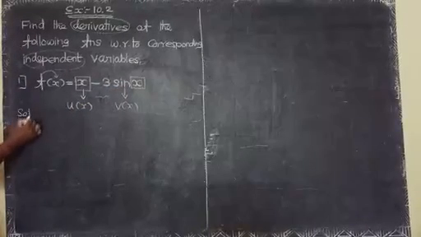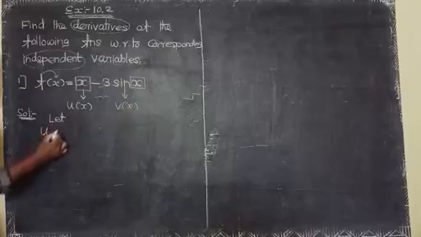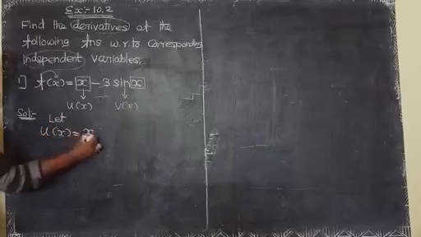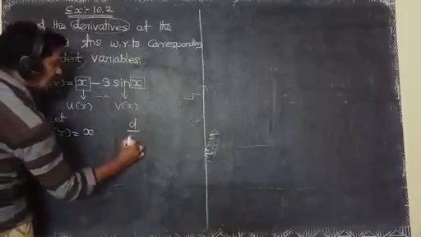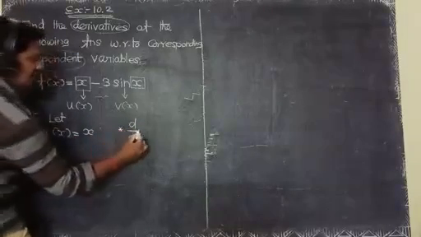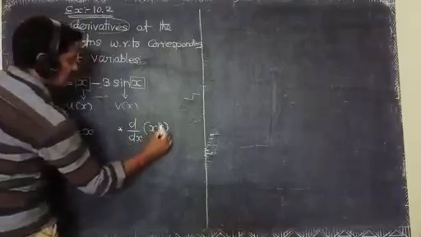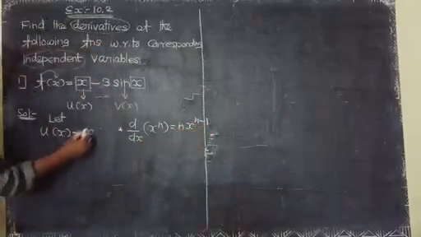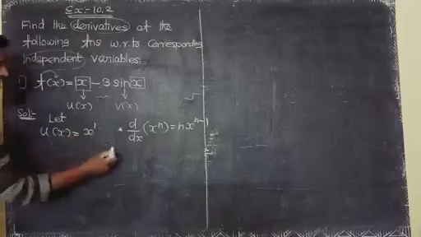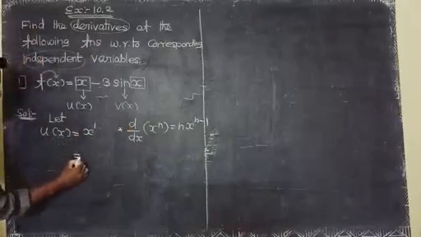Solution: let u of x equal to x. This is in the structure x power n. d by dx of x power n is equal to n into x power n minus 1. Similarly, x power 1, here n equal to 1.